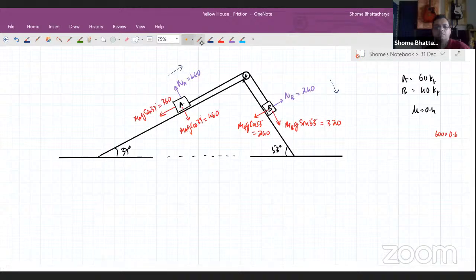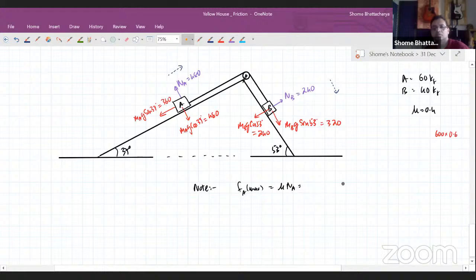So you can see that maximum possible friction on A is how much now?